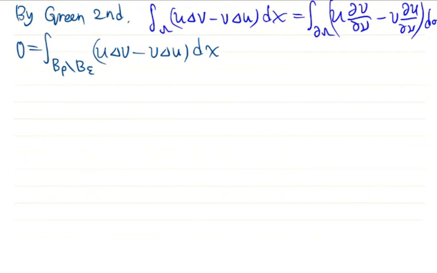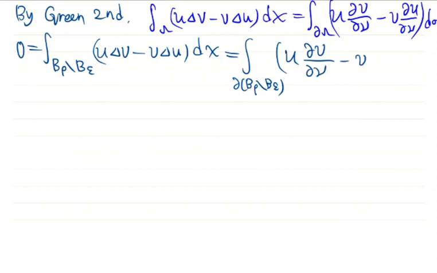Now, by the Green identity, this is the surface integral over the boundary of u times the directional derivative of v minus v times the directional derivative of u. And the boundary of this domain consists of two parts.